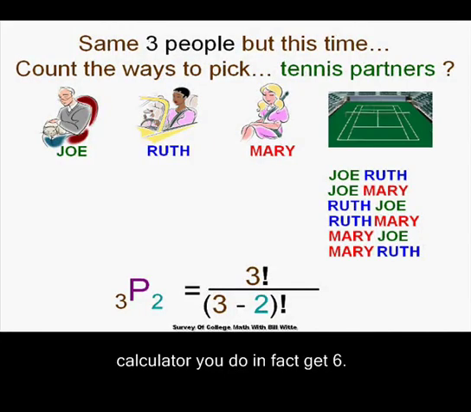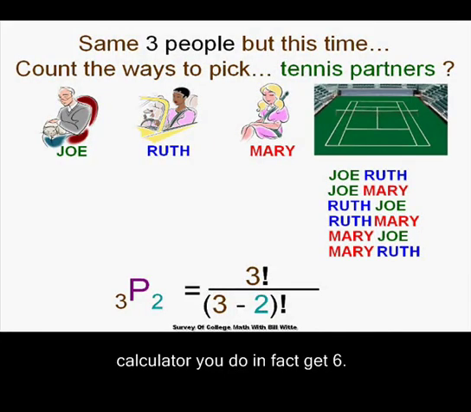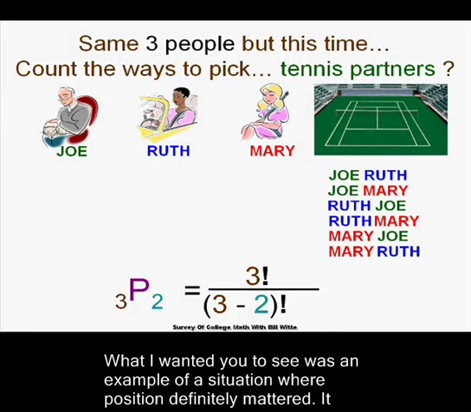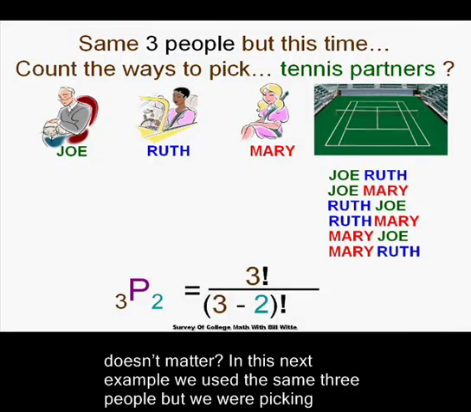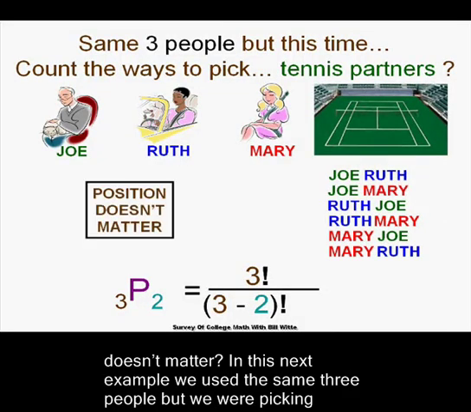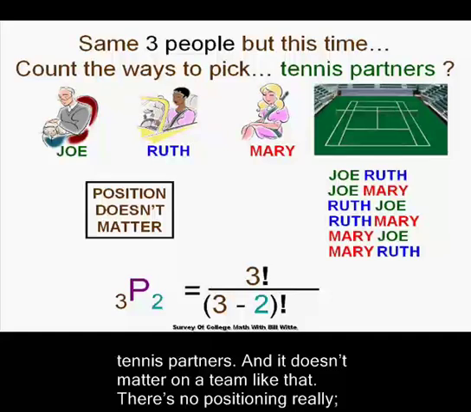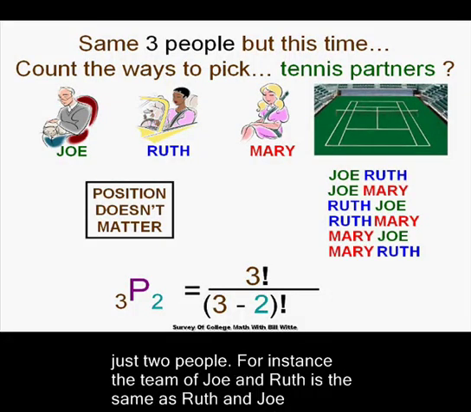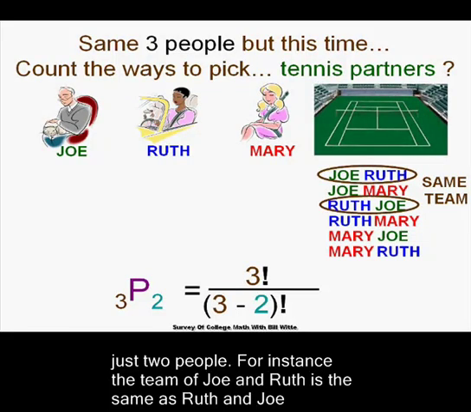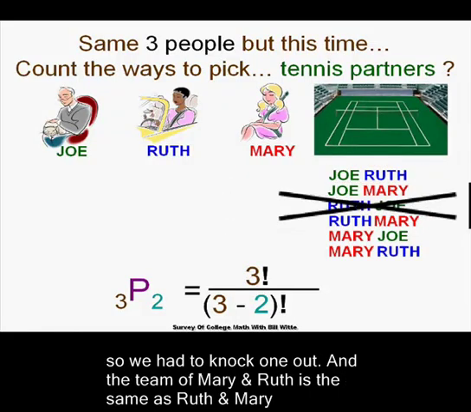Now what happens if position doesn't matter? In this example, you may remember, we had the same 3 people, but this time we were picking tennis partners. And it doesn't matter on a team. There's no position, really. It's just 2 people. For instance, the team of Joe and Ruth is the same as Ruth and Joe.